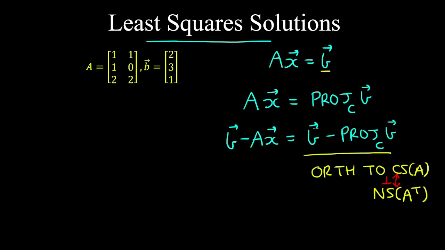So this means that this vector on the right hand side is in the solution space of the homogeneous linear system corresponding to A transpose.